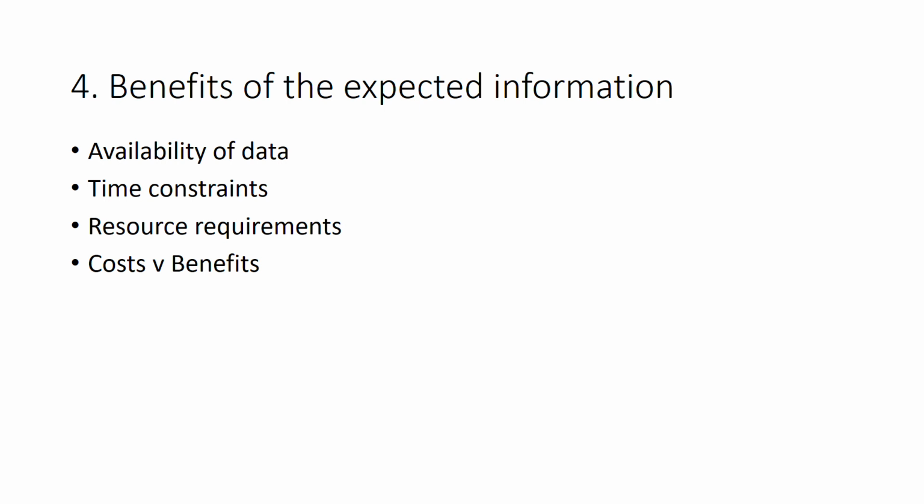And in evaluating these first three things, the client and the researcher need to evaluate the cost versus benefits of doing the research itself. So, is the expected increase in profits going to make up for the costs involved in conducting the research?